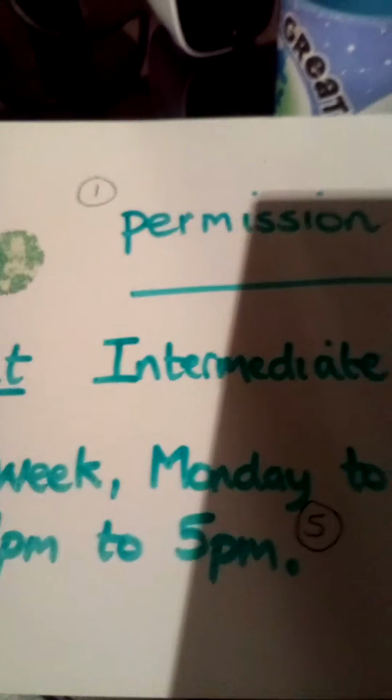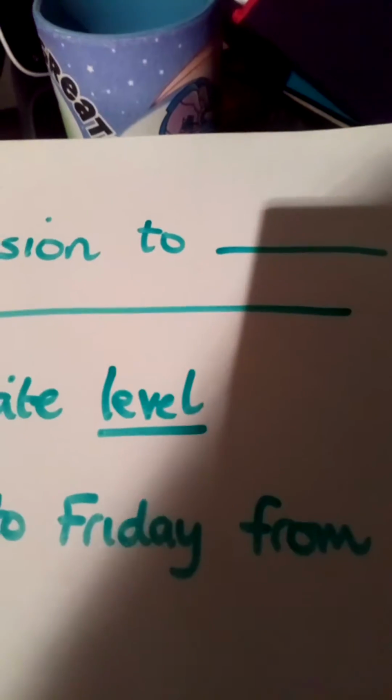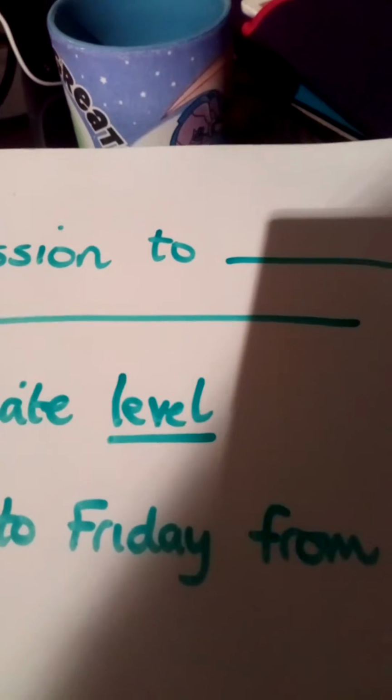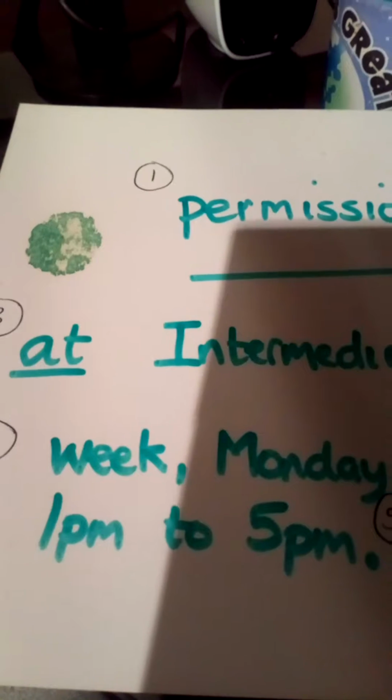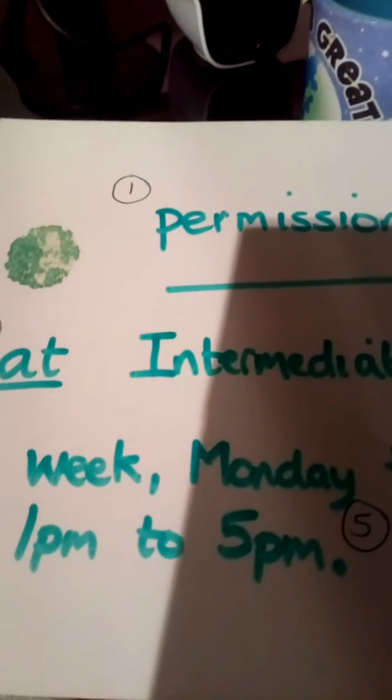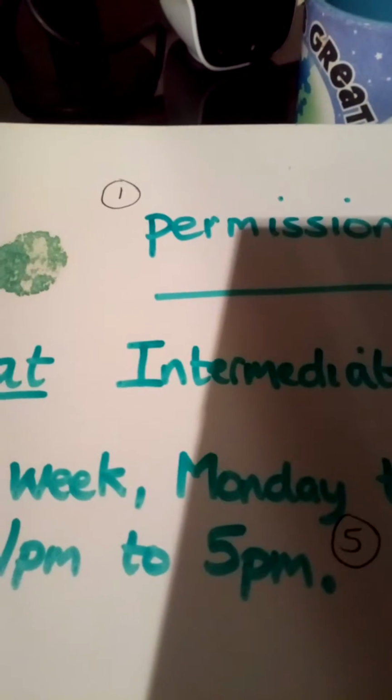So can you see where that word from goes? The word from comes after the names of the day and just before the time to identify what time you do those classes. That's a really good bit of information.